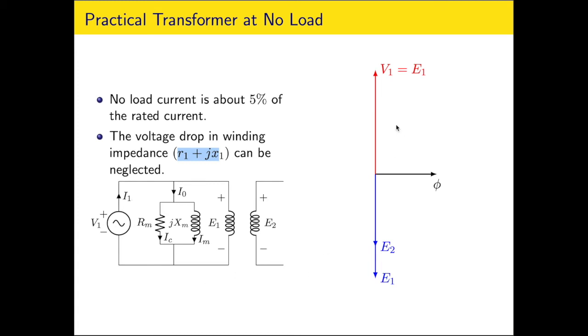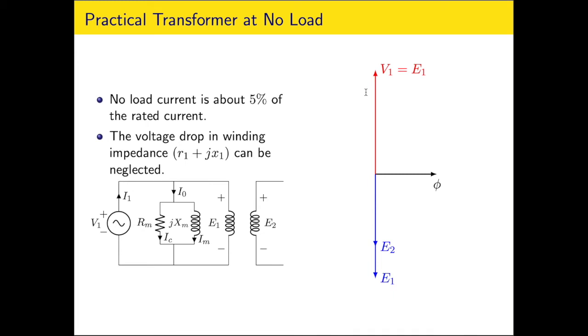So this is what we have considered previously for the ideal transformer case, where the flux induced EMF is lagging 90 degrees to the flux, or the supply or input voltage is 90 degrees leading, or you can say it is drawn on the opposite side to reflect the primary and secondary separately.